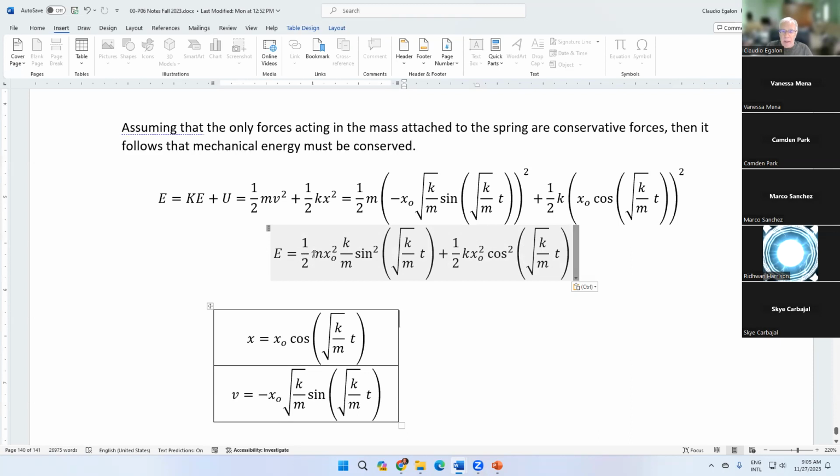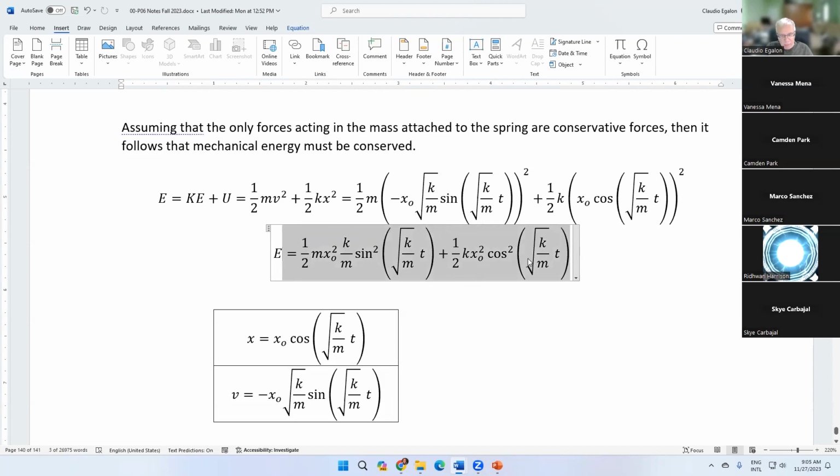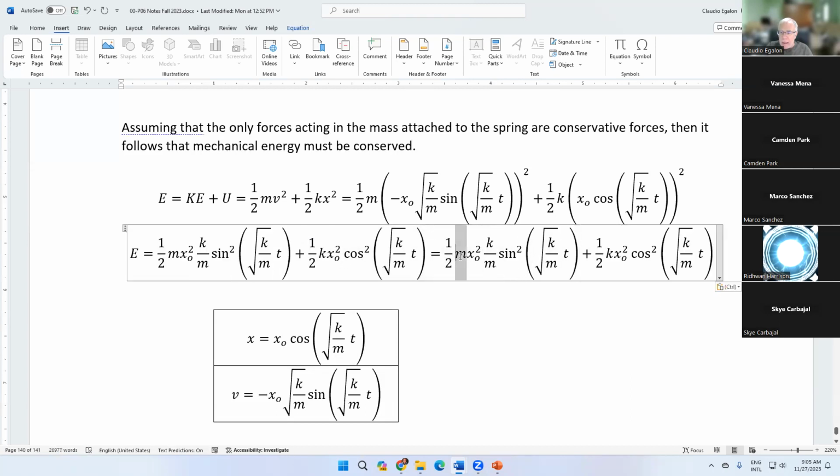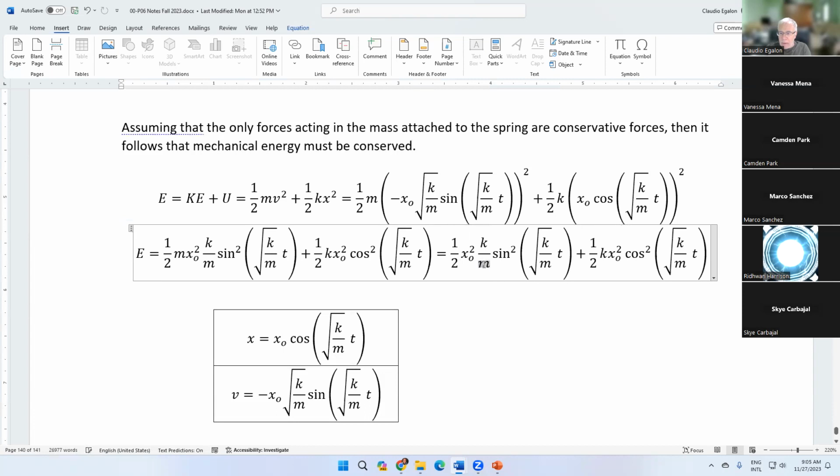And what's going to happen? m cancels out with m. See that we end up with kx naught square, which, by the way, we have as half as well. And then we have that nice relationship between sines and cosines, right? That was the next step here. The mass is going to cancel out with this mass.